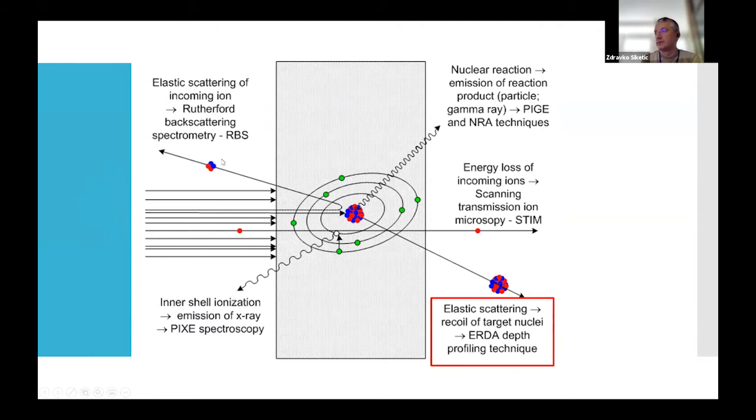So far we were speaking about backscattered particles. Now I will speak about recoiled particles from the sample. Because when you recoil, you recoil everything that is inside, and you detect this also with an energy detector.